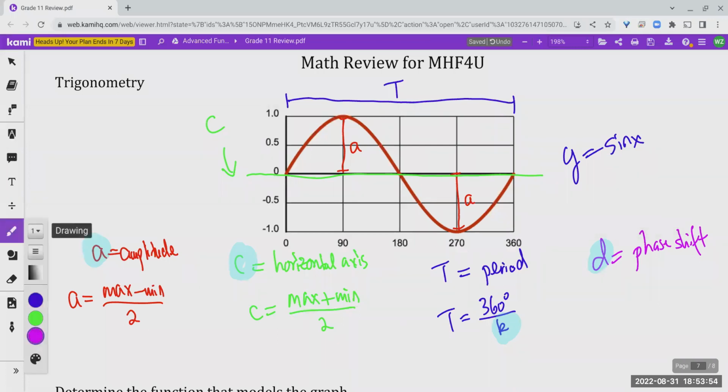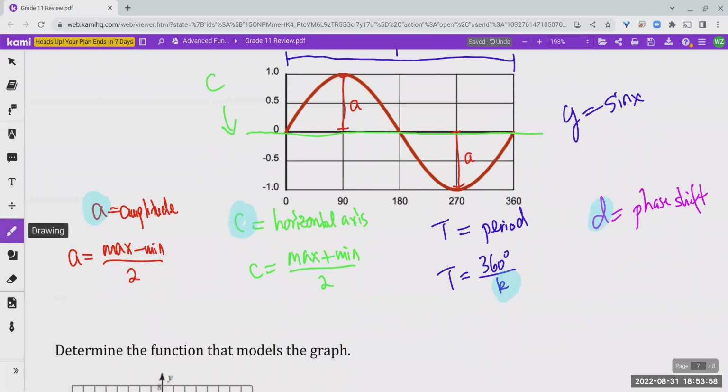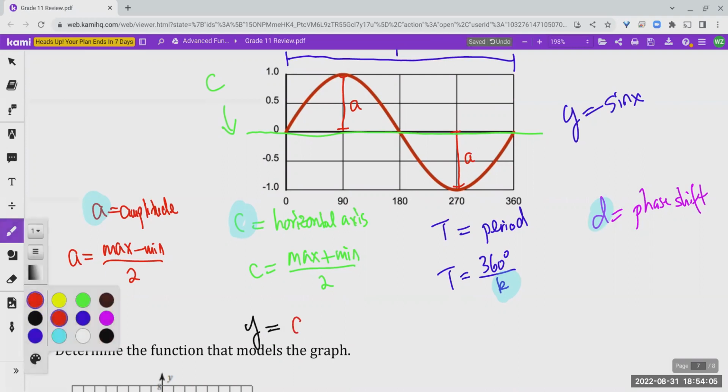And they all come together in the function. So y equals, color code time, A f of k, I like blue, x minus d in purple, plus c.